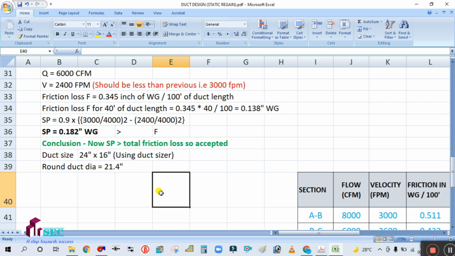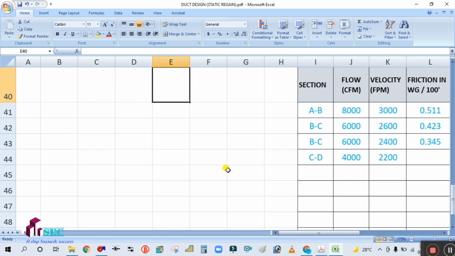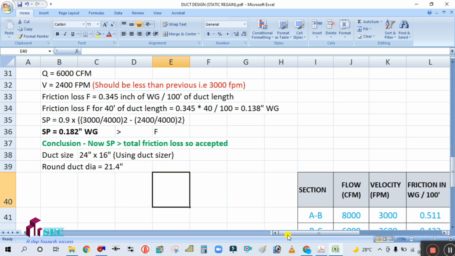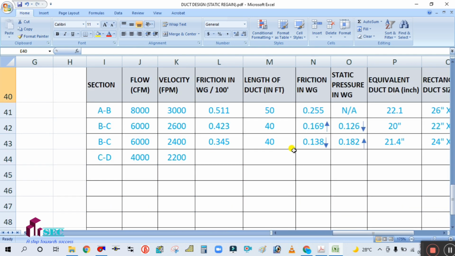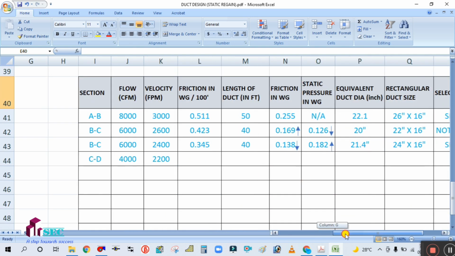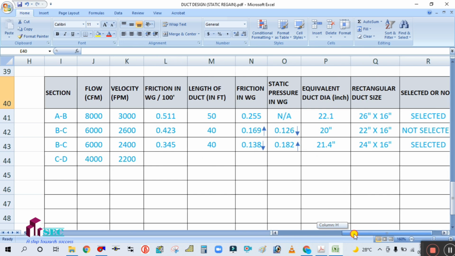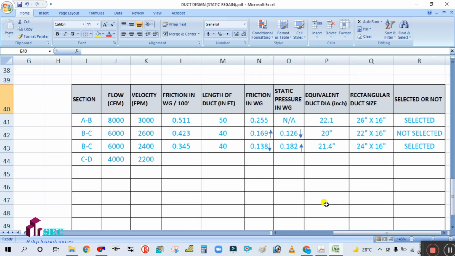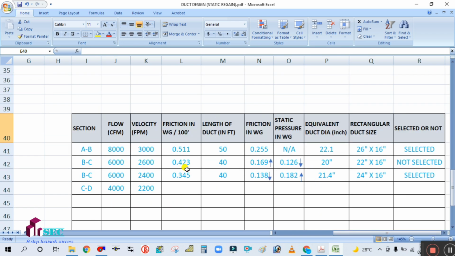Similarly, you have to calculate for the other sections. Now we are using this table; it's very simple. I have prepared this table. You can see at section A to B the flow is 8000 and the velocity is 3000.